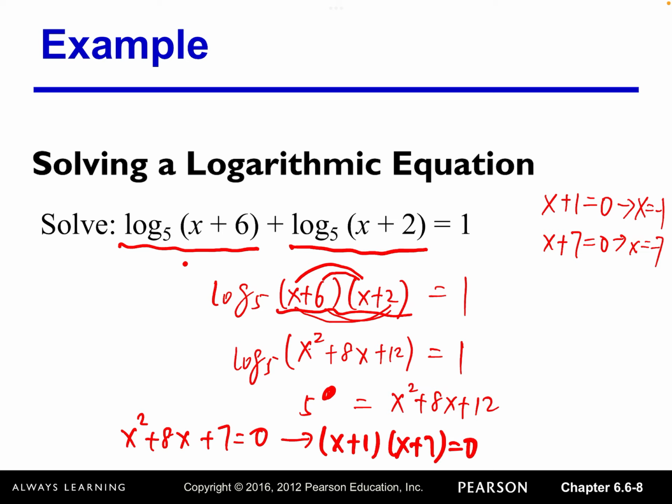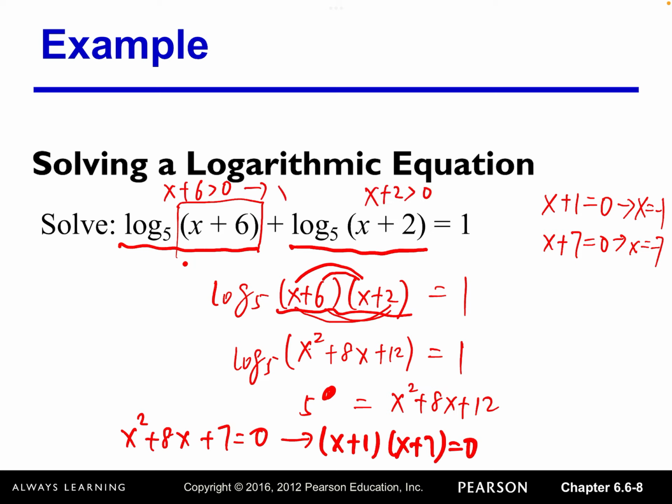So are those both solutions? Let's see the domain of x. For the first log, x plus 6 is the input, so we have to make sure x plus 6 is greater than 0. Similarly, x plus 2 needs to be greater than 0.